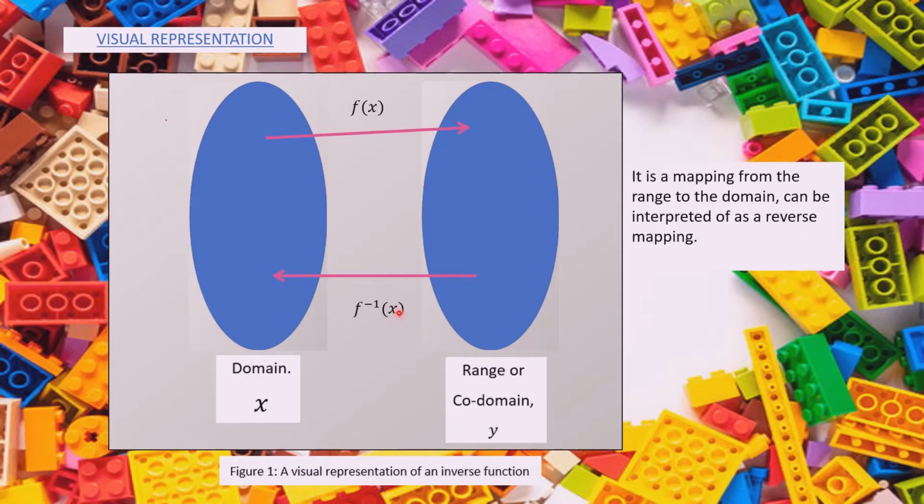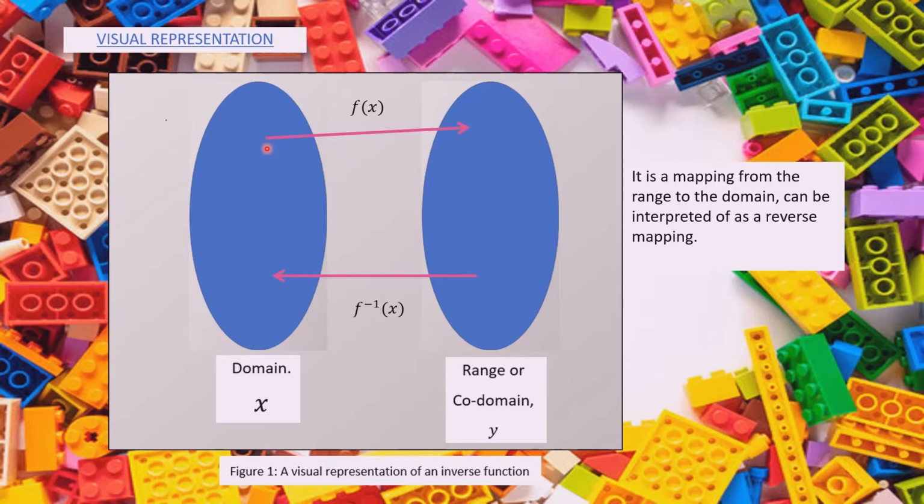Simply put, the inverse of a function is a mapping from the range to the domain, and can be interpreted as a reverse mapping, going in the reverse direction. You could also think of it like a car.